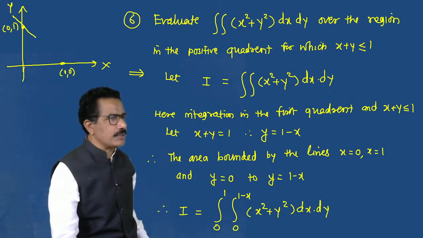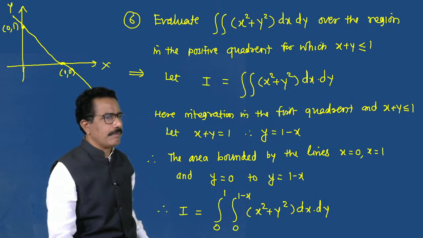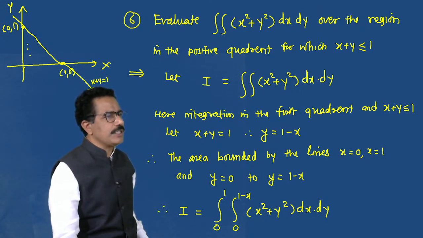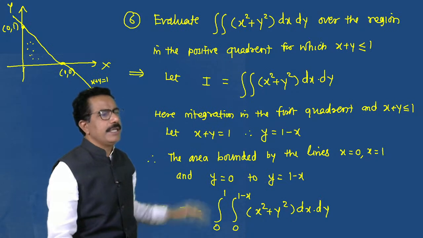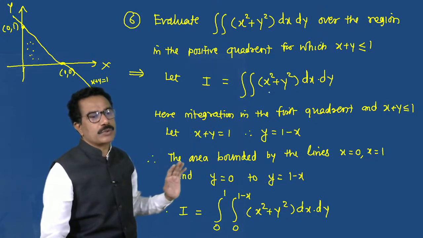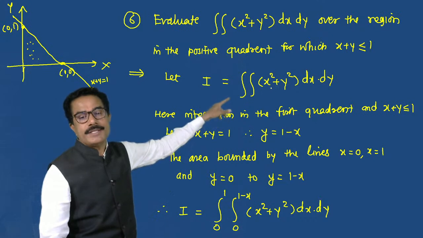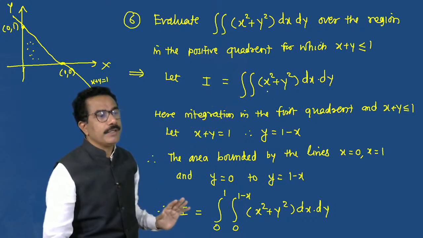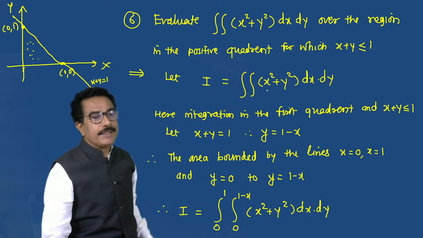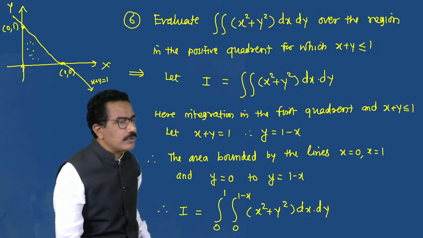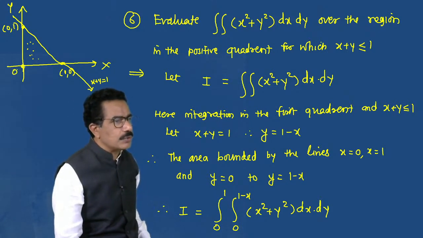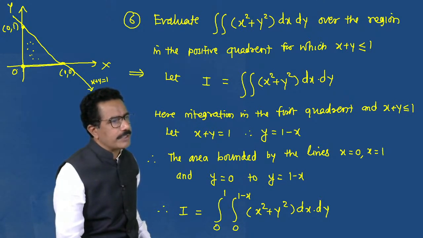Suppose x plus y equals 1, so this bounded region is x plus y less than or equal to 1, and f of x comma y is given as x square plus y square. Now how can we take the area? First of all we take the values of x equals 0. From where to where? See: x equals 0 to x equals 1.